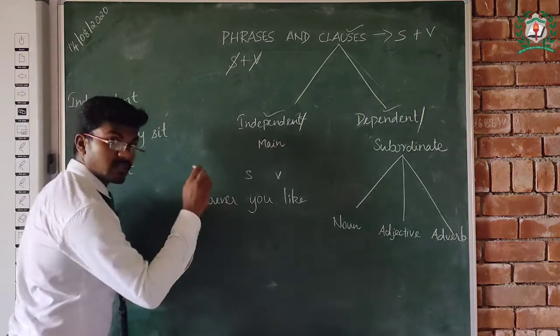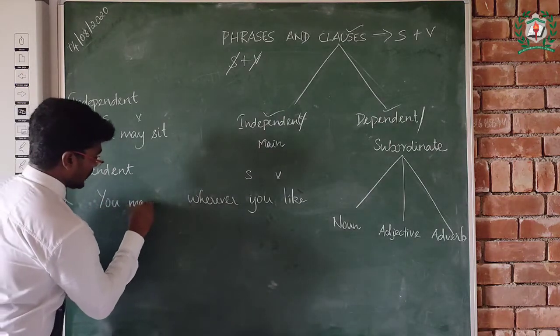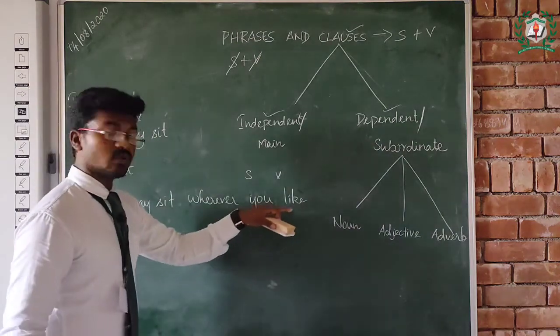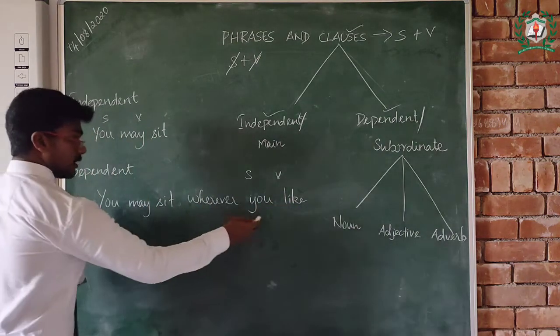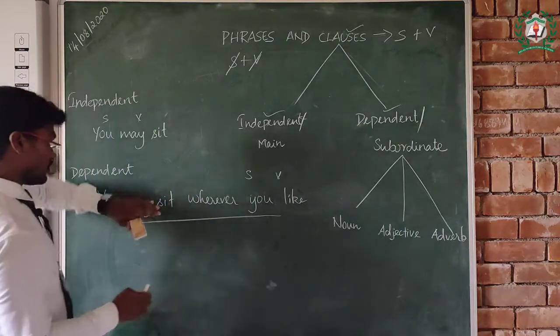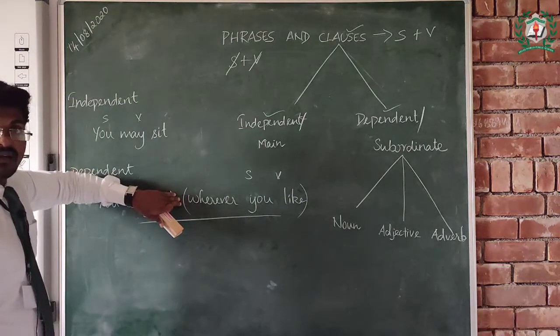So in order to fill the meaning, we are adding "you may sit" to "wherever you like." Now the total gives the meaning, but when we take it out, it gives only half meaning.